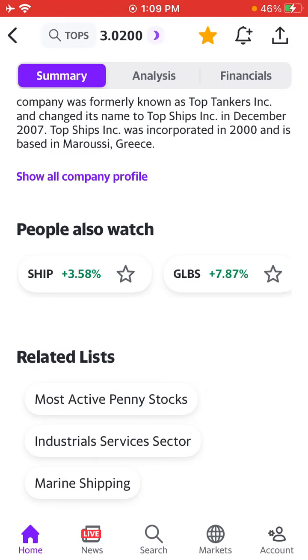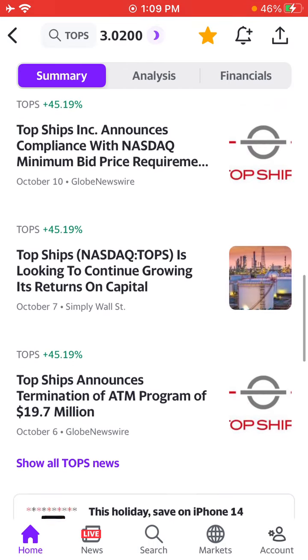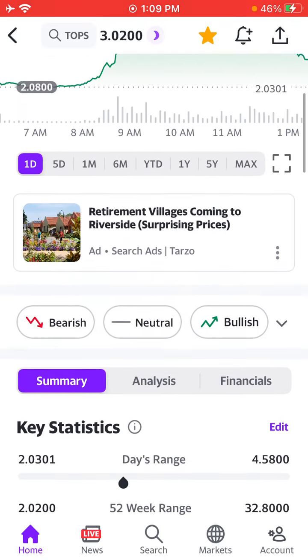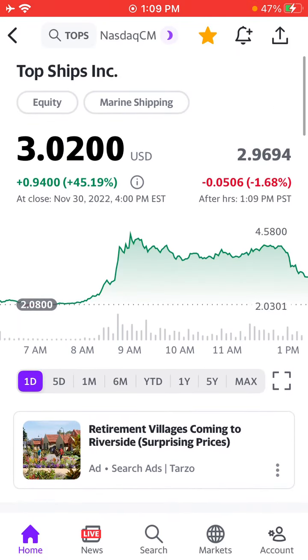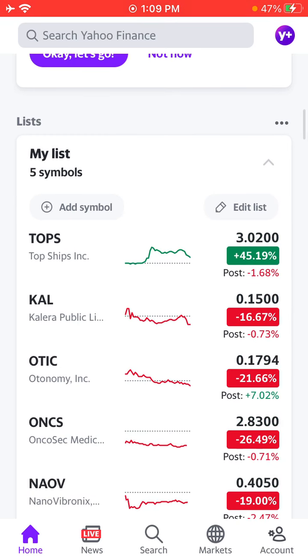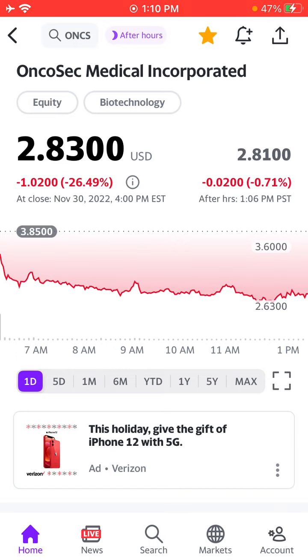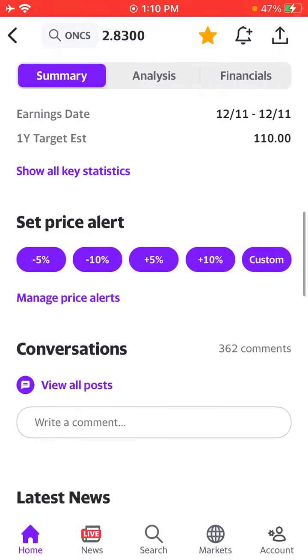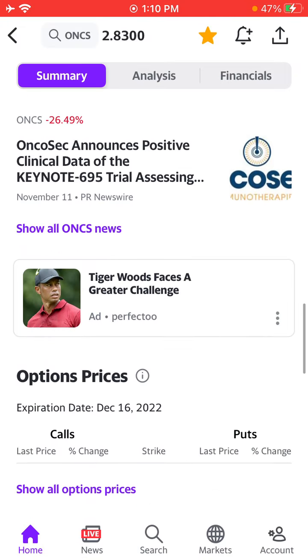Okay, so first I'm just going to look at the flow of a US stock to show you the 10Q and the 10K file. So let me see if this stock, ONCS, is a US stock.